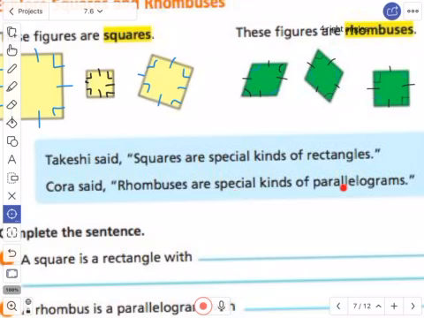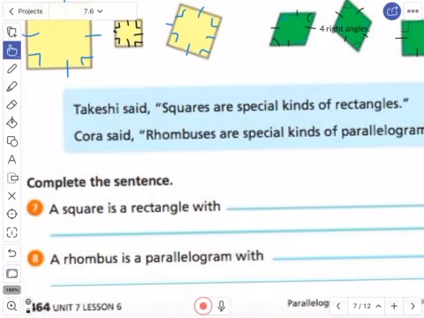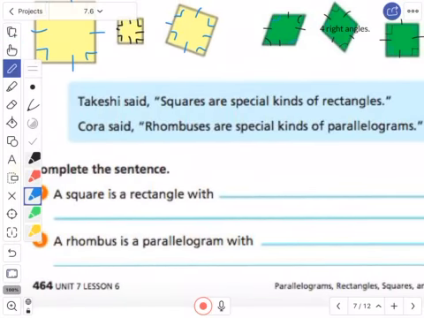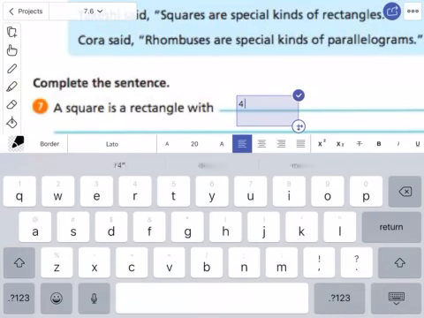Rhombuses are special kinds of parallelograms. They are. So really, squares and rhombuses are parallelograms, 2 pairs of parallel sides. So a square is a rectangle with 4 equal sides and 4 right angles.